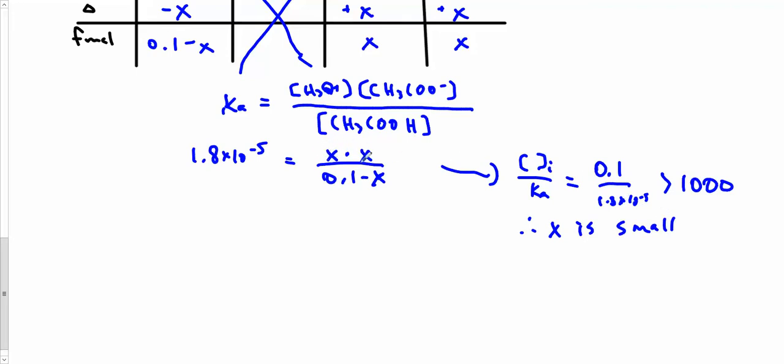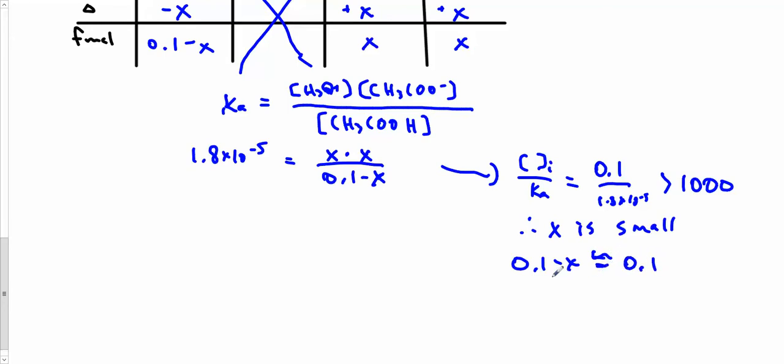Am I going to do something about the top if x is small? No. Am I going to do something at the bottom if x is small? Yes. 0.1 minus x, a big number minus a small number, is approximately equal to the big number.